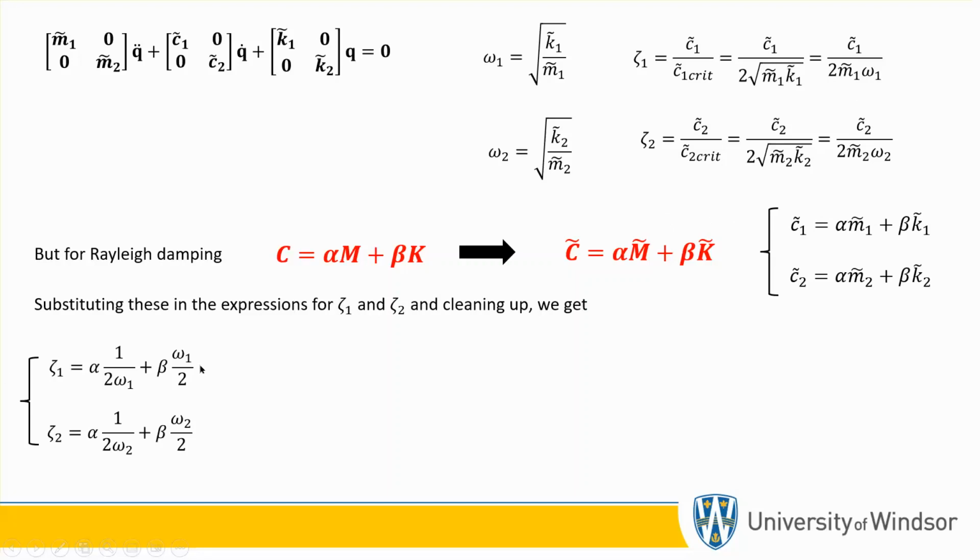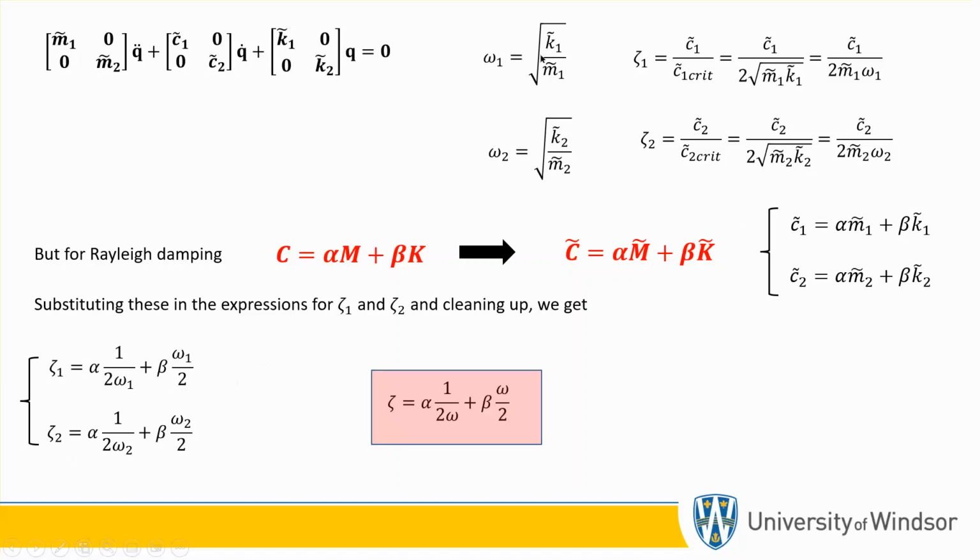Just try it. Divide this by 2 m1 tilde omega 1. You're going to get this equation. You divide the second equation by 2 m2 tilde omega 2, you're going to get this equation. Literally, you have to do it. Just do it and figure it out. All right.